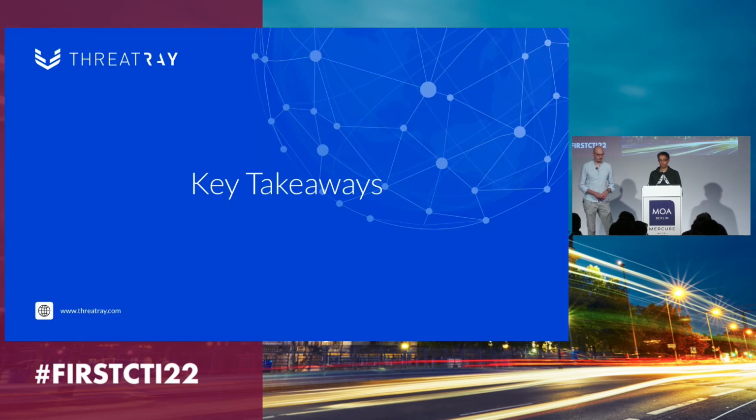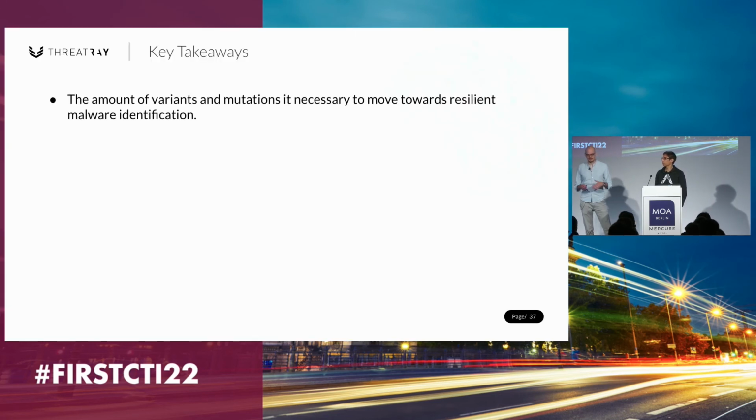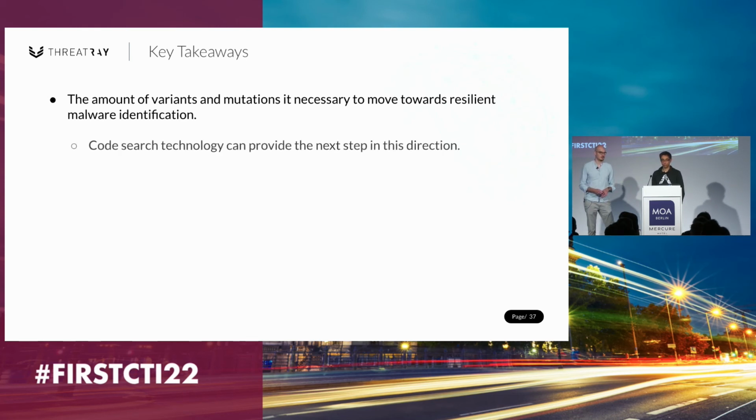Good. So what can we take away from all of this? We've seen in the beginning that there's a large amount of variations on malware attacks, and that kind of necessitates having some sort of resilient identification capabilities. And we think that code search technology can provide an additional step towards this direction.